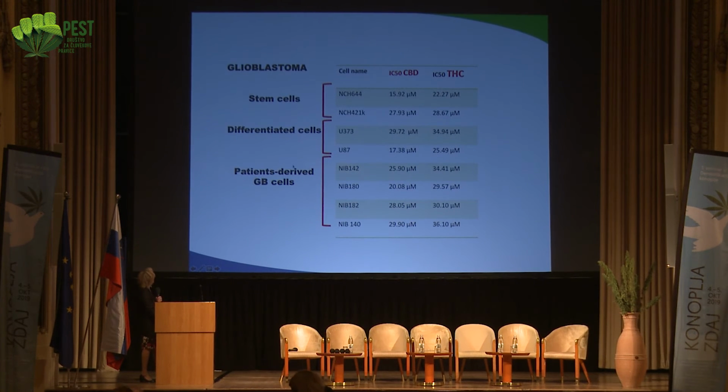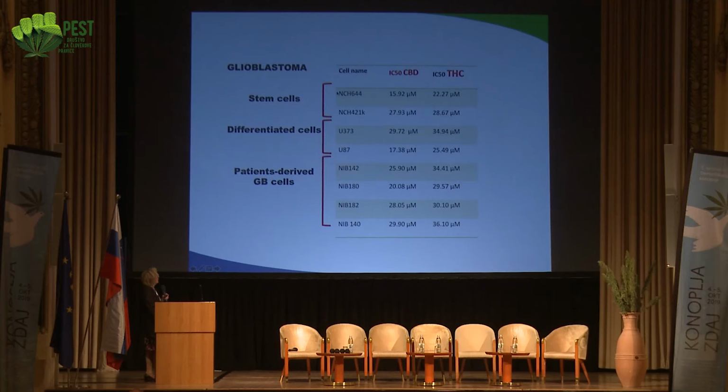We have to test more patient cells to see whether it is really true in vivo, in tumor patients, that the stem cells are more resistant or less resistant. We also want to know what combination we can use, because this is only the single effect of CBD or THC.